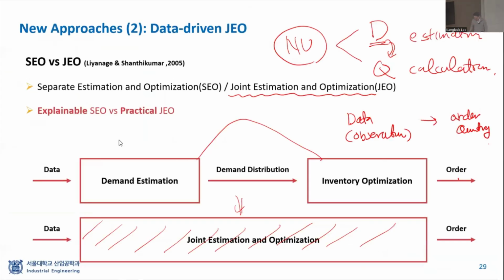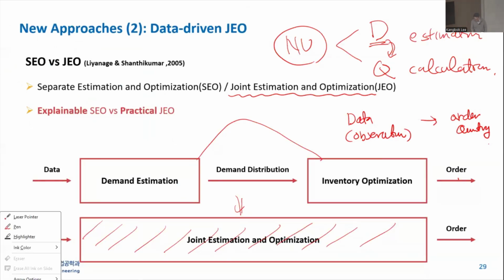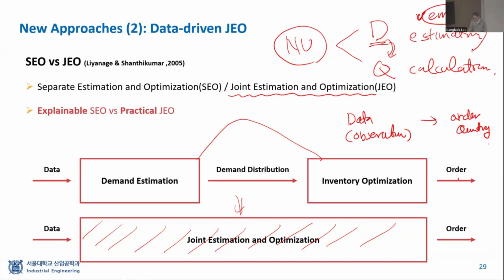So here, in the traditional approach, we have demand estimation and the inventory calculation as separate parts. If we happen to have some error in our demand estimation, those errors are carried forward into my inventory optimization.